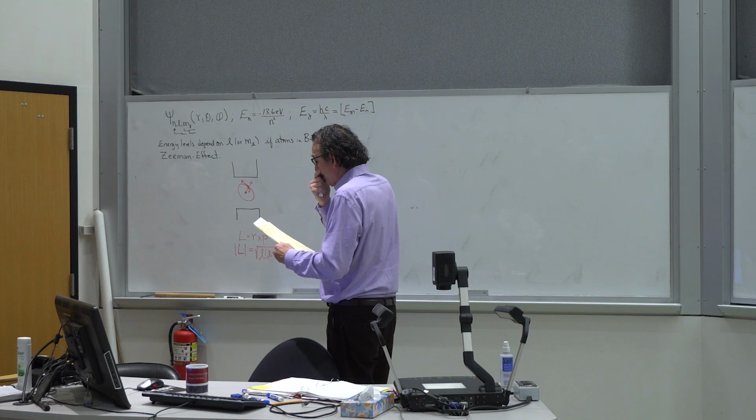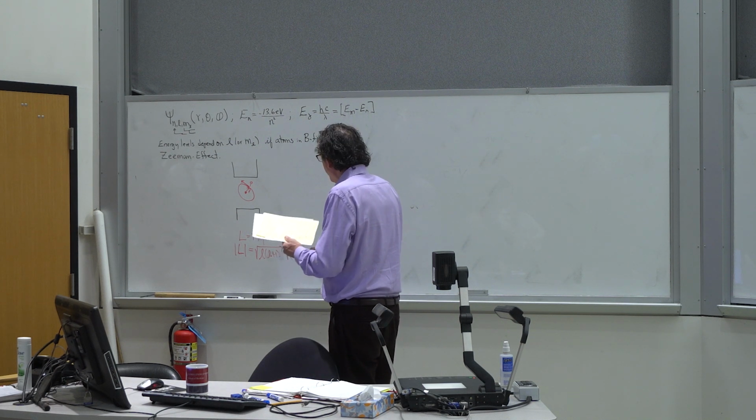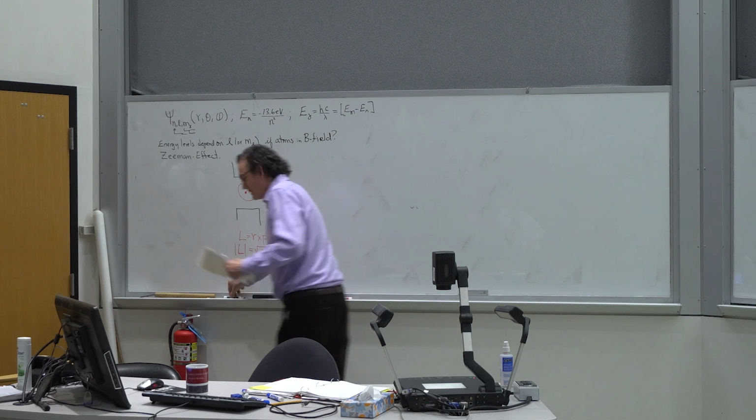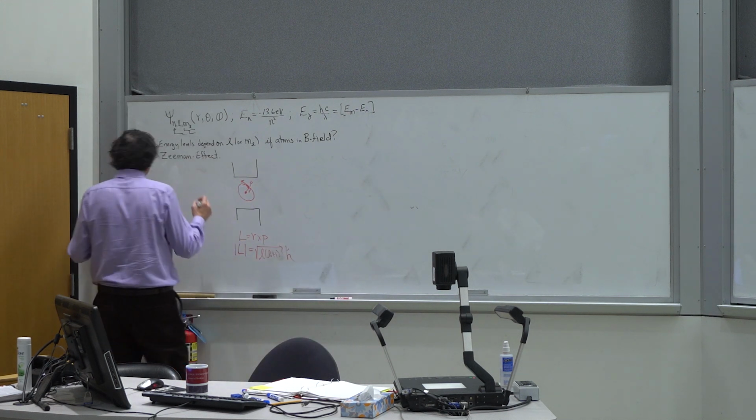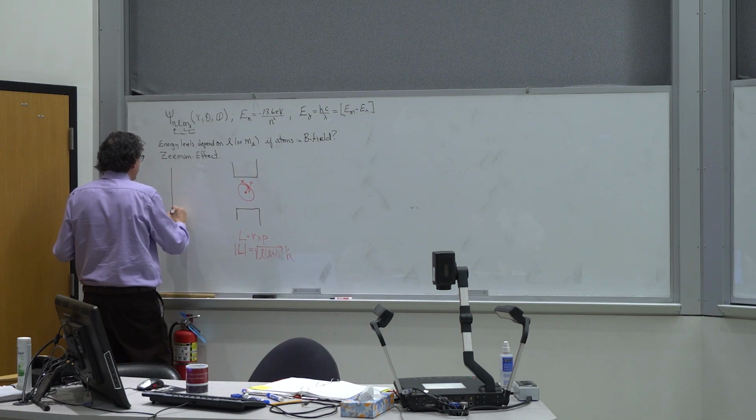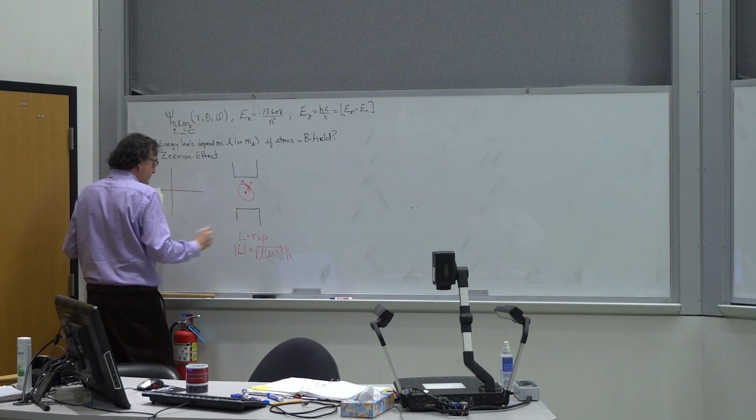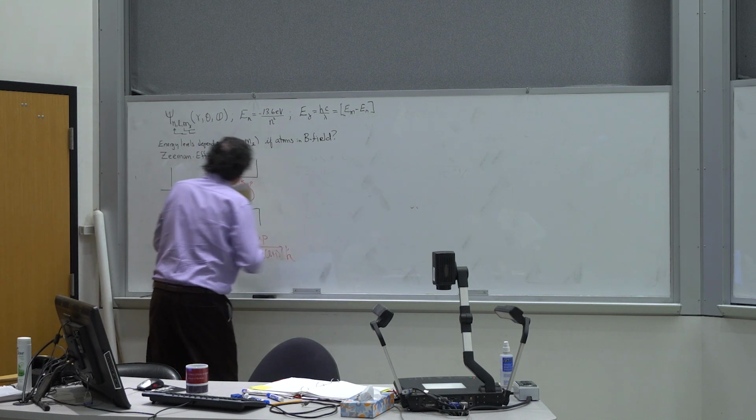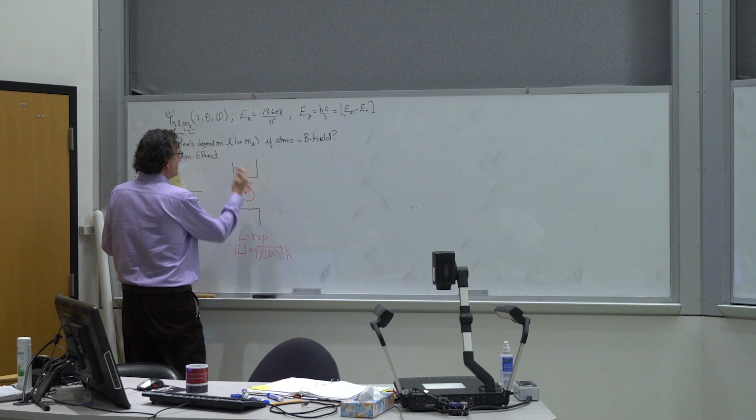Let's see. So what do we have? Okay. This is the general picture, and because the z component of the angular momentum is quantized, remember we can draw this picture. First of all, the L vector, which is r cross p, going this way.